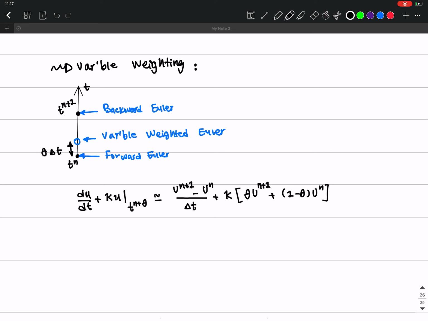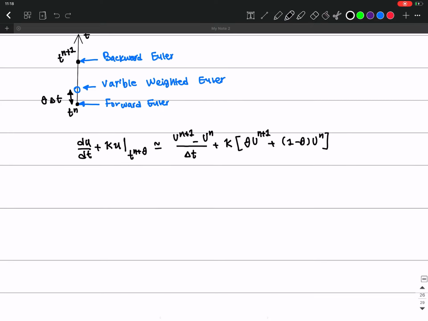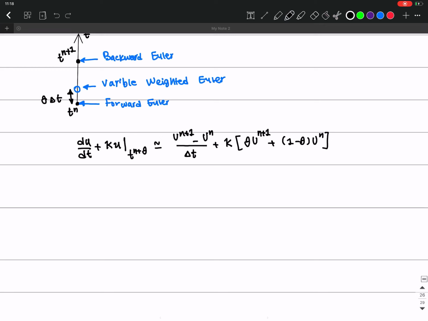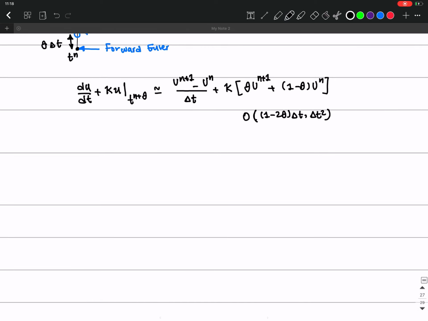So if theta is 0, it is going to be backward Euler. If theta is 1, it is going to be forward Euler. Okay, so this is the approximation we have, and it is order 1 minus 2 theta delta t and delta t square, right? So if theta is 1/2, it's going to be order delta t square, otherwise it's going to be order delta t.